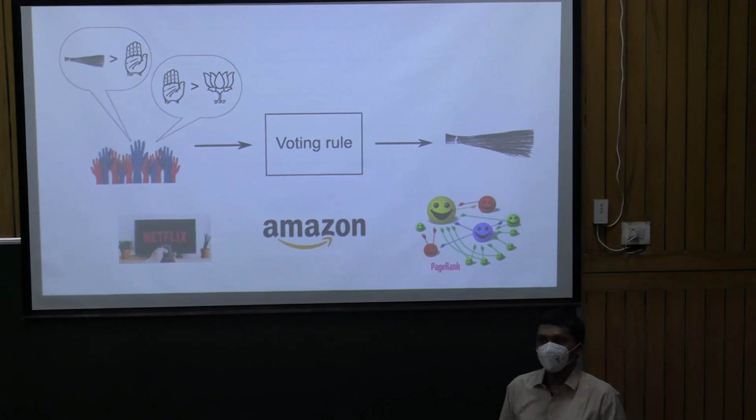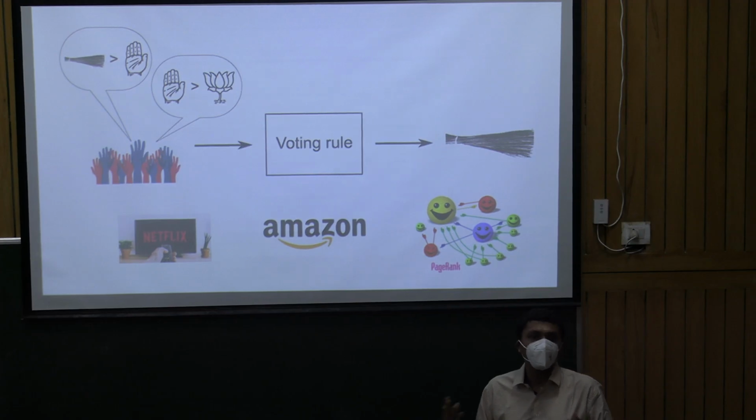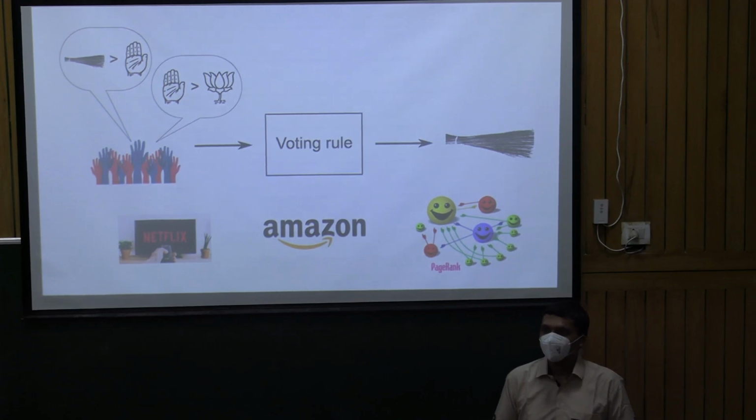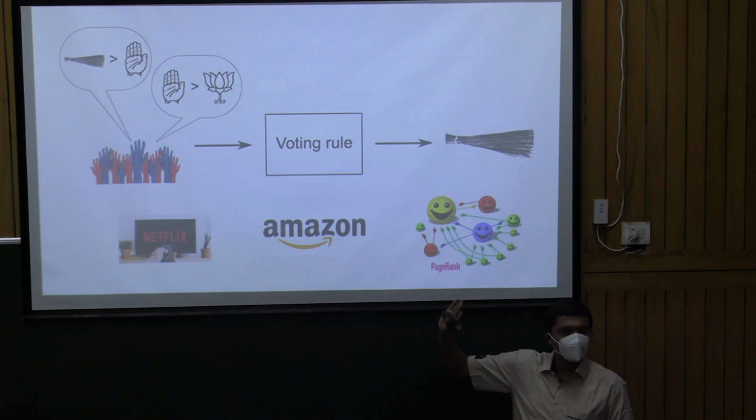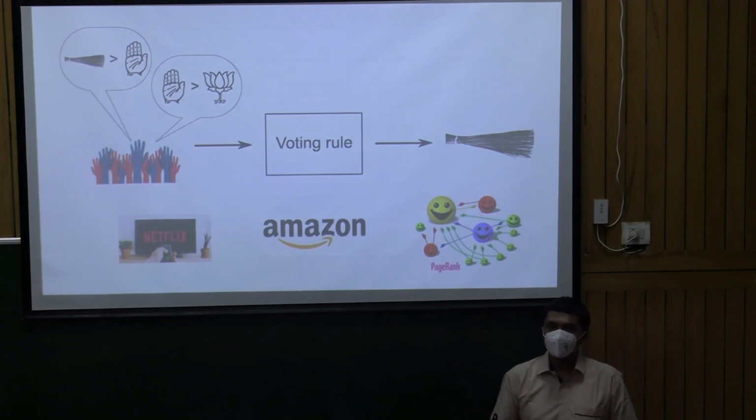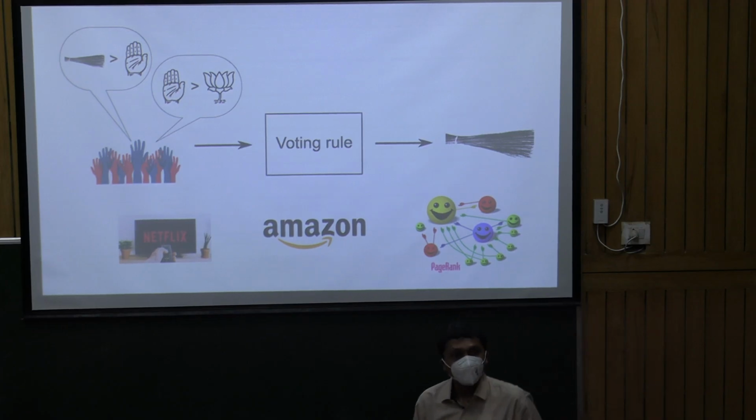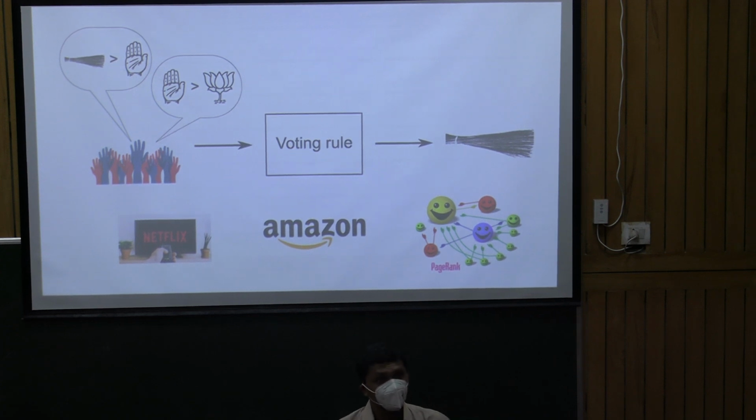So these are some of the applications of voting, but I'm curious, do you have any other applications of voting in mind? Have you seen voting or voting-like ideas being used anywhere else other than what I've shown here? Anyone? Reviews. Yeah, Manav. Reviews of what? Reviews on some product. How is that voting? Like 5-star, 4-star.